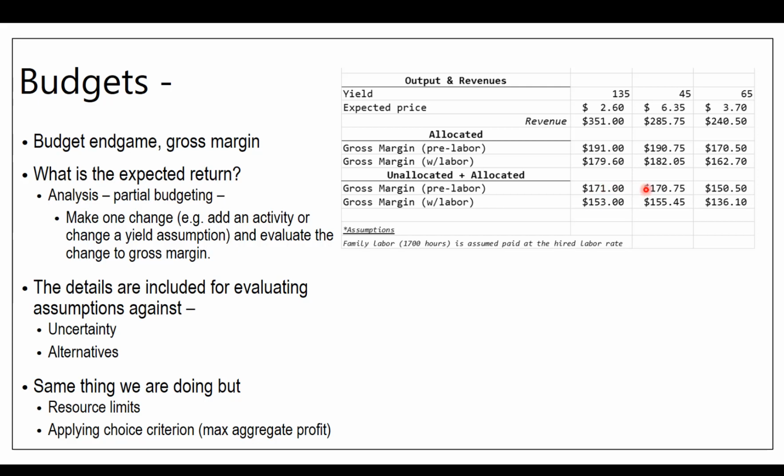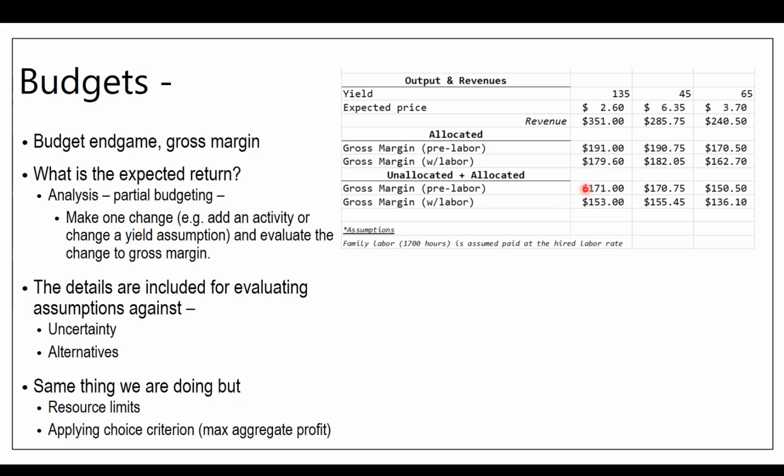So 171, 170.75, and 150 and a half, right? So there's $10 of disc, $10 of plow included there. So if we were going to compare these gross margins, we compare them here, but because the unallocated applies generically, the cost margin doesn't change between here and here.